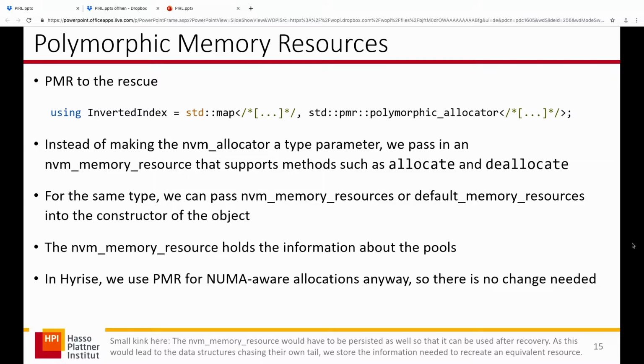In that NVM memory resource, we can now hold the information about the non-volatile memory pools. And the good thing here is that PMR is not only useful for that, we also use it for our NUMA allocator. So it's already been there, and we don't actually need to change any data structures.